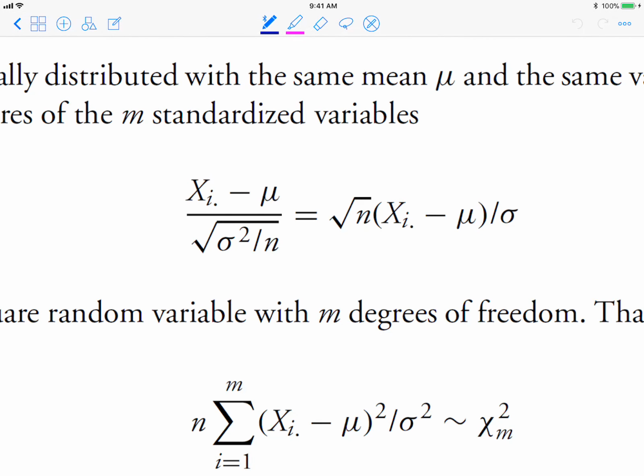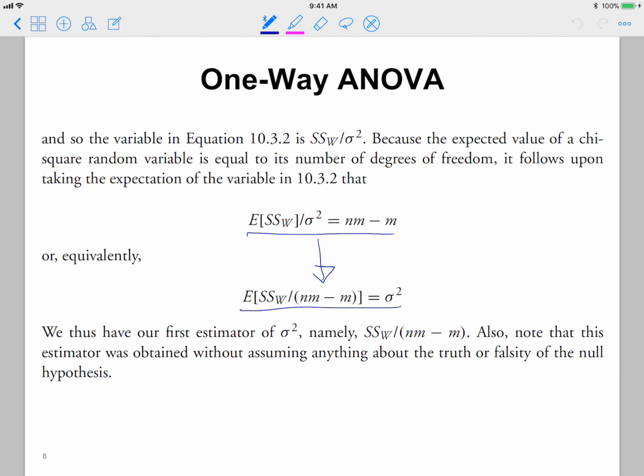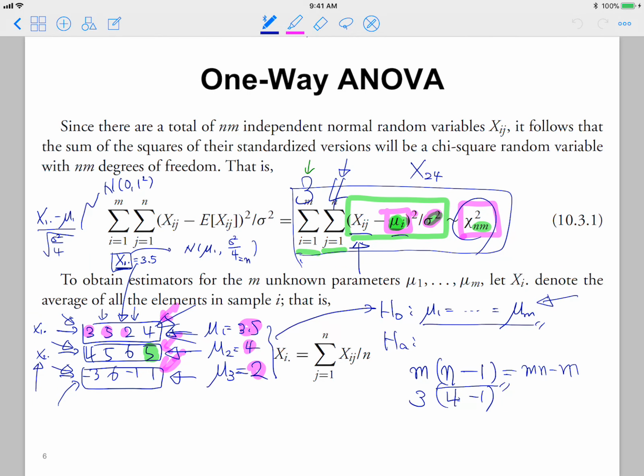So in this case, note that we assume that all the mu i's are equal because we assume that this null hypothesis is true. And so mu1 and mu2, which is shown in the standardization of this guy, right?